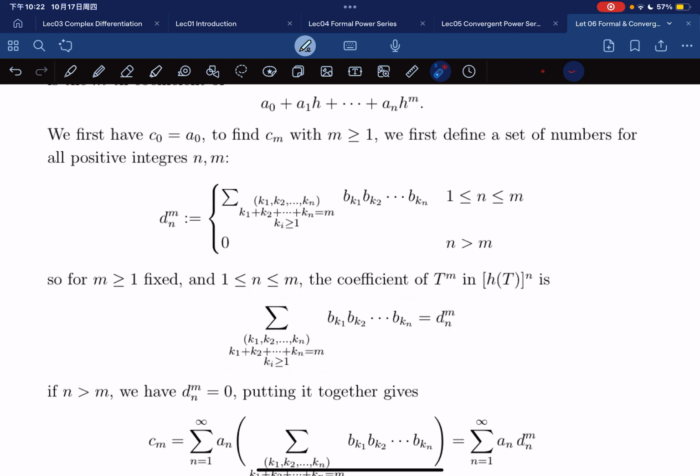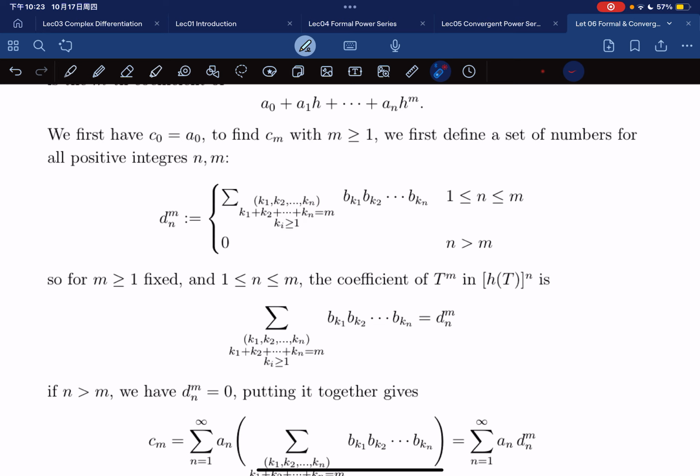So this little n means that there are n of the indices, to the power t^m. So this comes from the formula of multiplication with itself, the formal product of power series. It just follows by that.